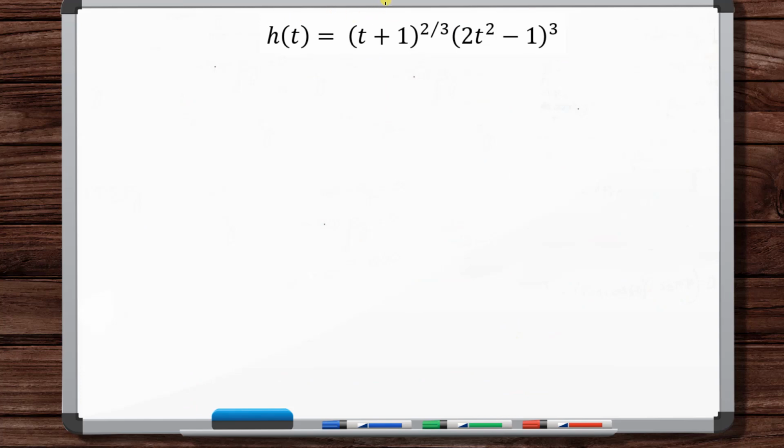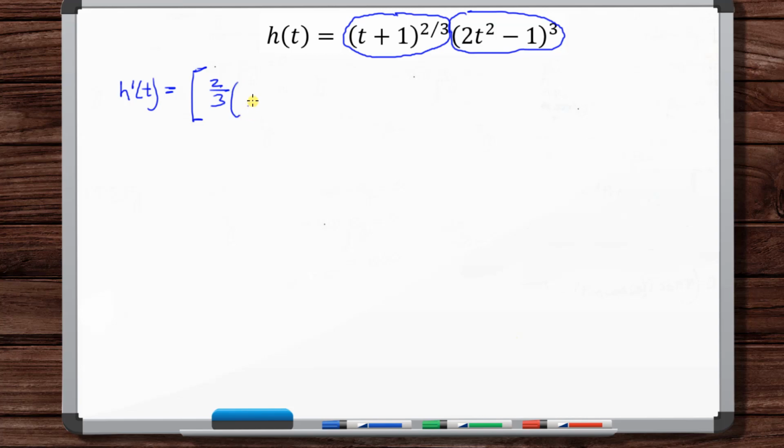Okay, so this is pretty much the exact same thing we did in the last problem, except it's a little more complicated because you've got this 2/3, but you've got one function of t multiplied by another function of t. So we're going to use the product rule. Okay, so derivative of the first. This is something to the 2/3 power.